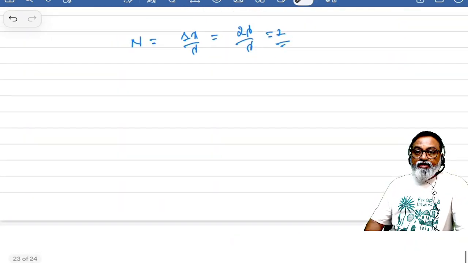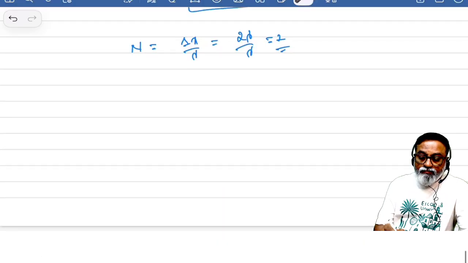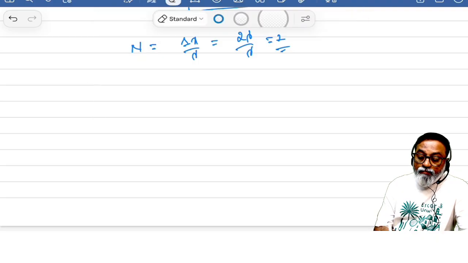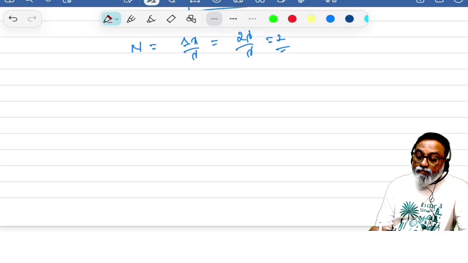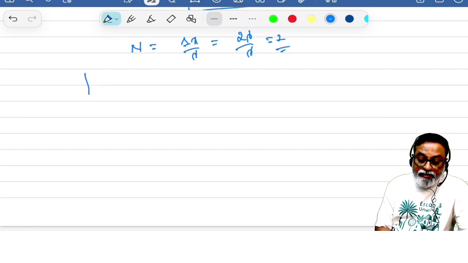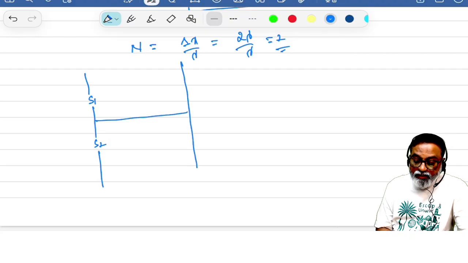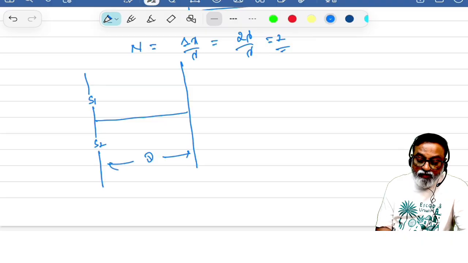One important thing I have to find out: this is the source, slits S1, S2, and this is the screen, and this distance is D, and between the slits this is d.